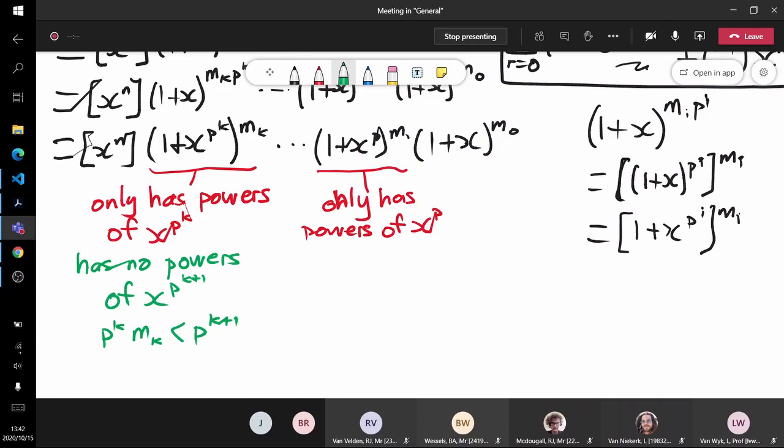And that's why it's important that these are the base p expansions. They have to be between 0 and p minus 1. Similarly, each digit doesn't have any powers that are too big, that actually interfere with brackets which are bigger than them. For example, the second last one has no powers of x to the p squared or above.